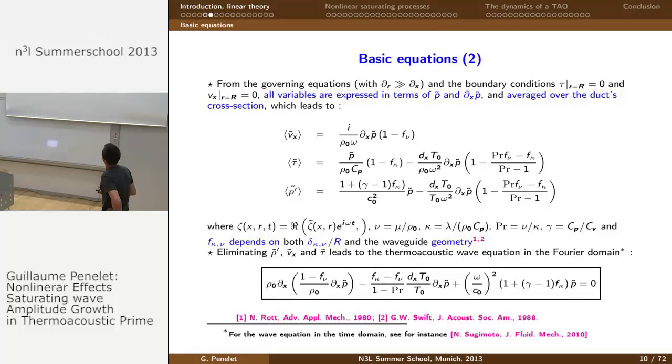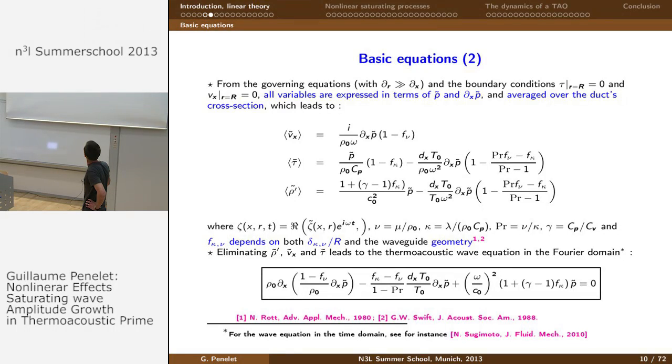So, from the above-mentioned assumptions and from the governing equations, we can express the cross-sectional average acoustic velocity, the temperature oscillations and the density oscillations in terms of the pressure and the axial pressure gradient. And therefore, we can obtain a wave equation, which is this thermoacoustic wave equation.